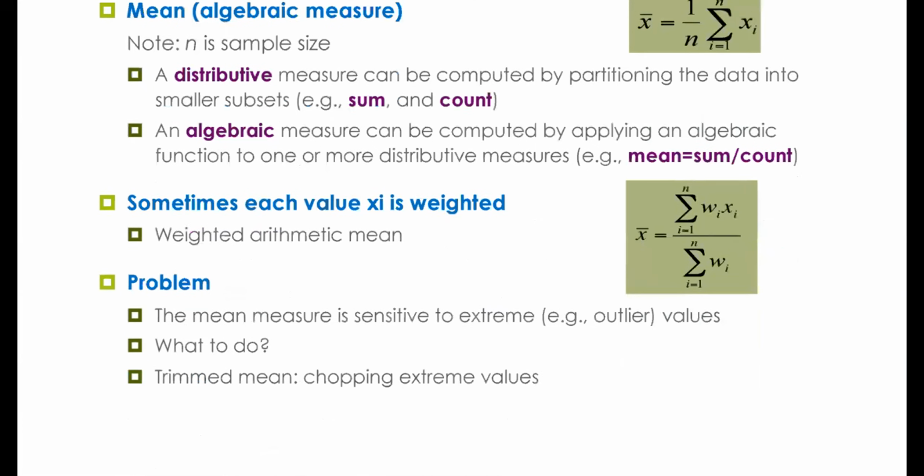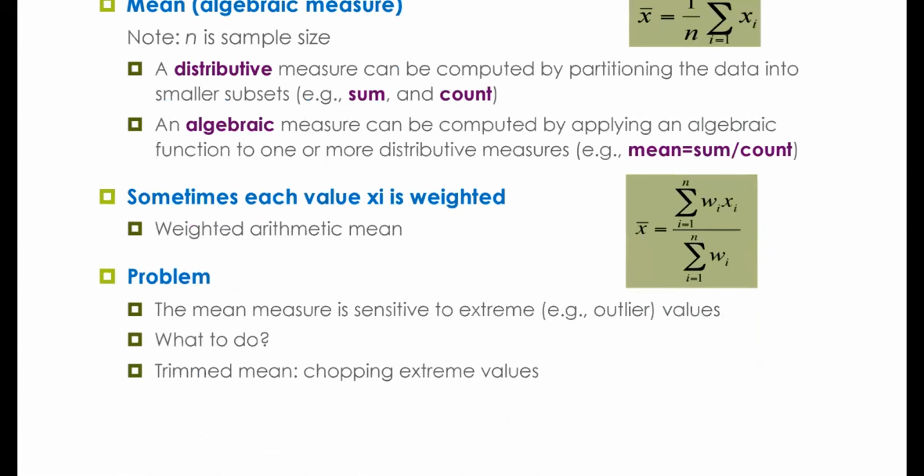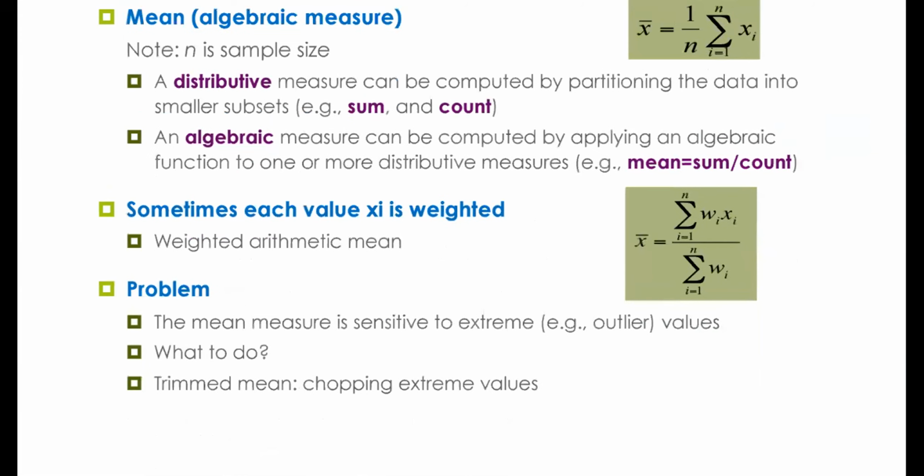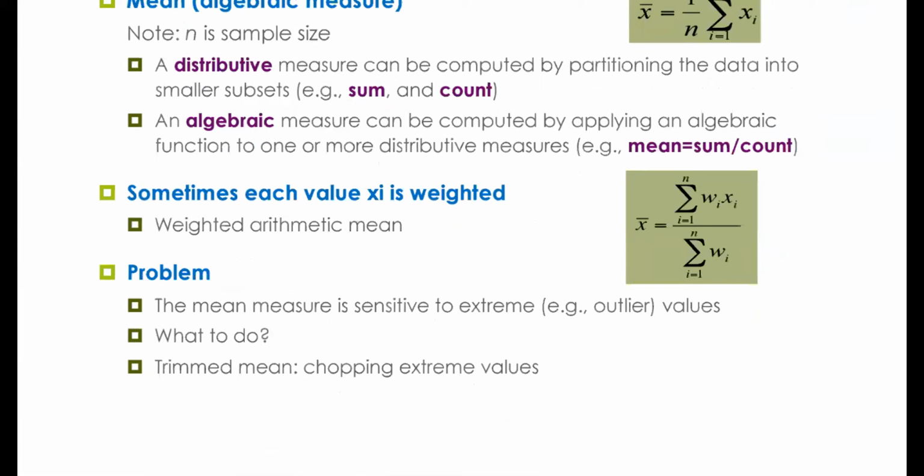What are the problems we have here? The mean is sensitive to extreme outlier values. What to do? Use the trimmed mean, chopping the extreme values. For example, for particular data you want to find the mean value, in that data set not all values are filled in by the users, for example, employees' salaries.